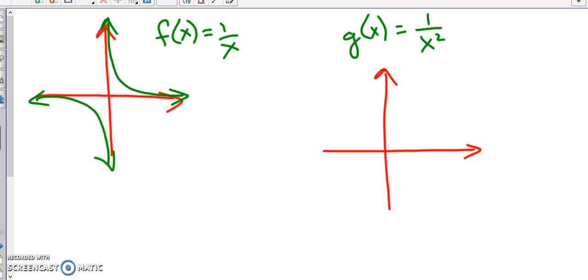Really? I mean, if you plug in x, you got to square it, right? So if you square a negative number, you can get a positive number. So in reality, this graph is going to look like this.